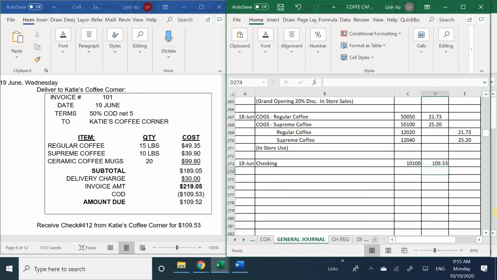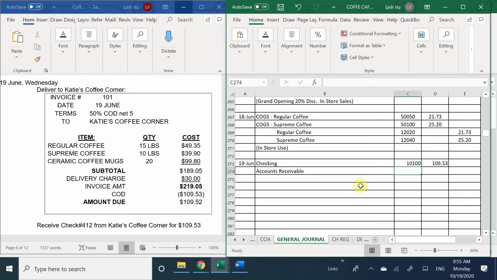Okay? And because she didn't pay the full amount, because she's quoted 219, she only paid half of it. So therefore, she owes us on an accounts receivable. She owes us the remaining amount. Good.